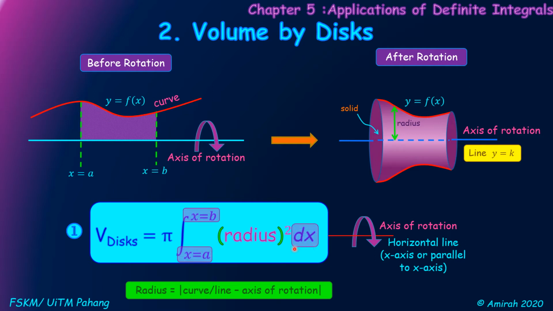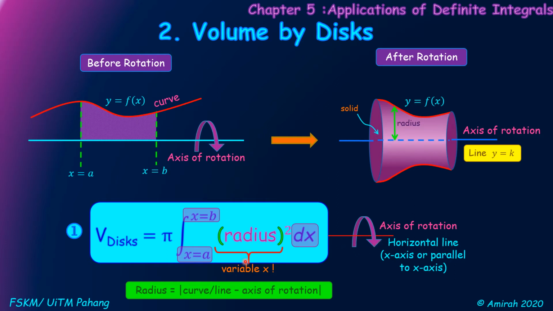Since here is dx, we need to use lower limit and upper limit on the x-axis. And the radius, we need to write in terms of variable x, meaning all in terms of variable x if the axis of rotation is parallel to the x-axis or a horizontal line.